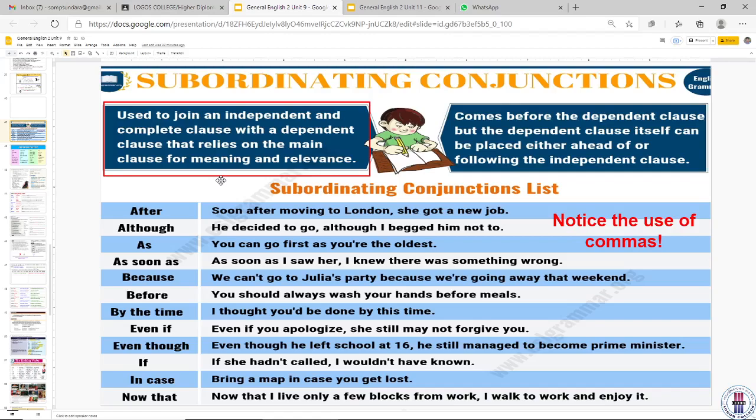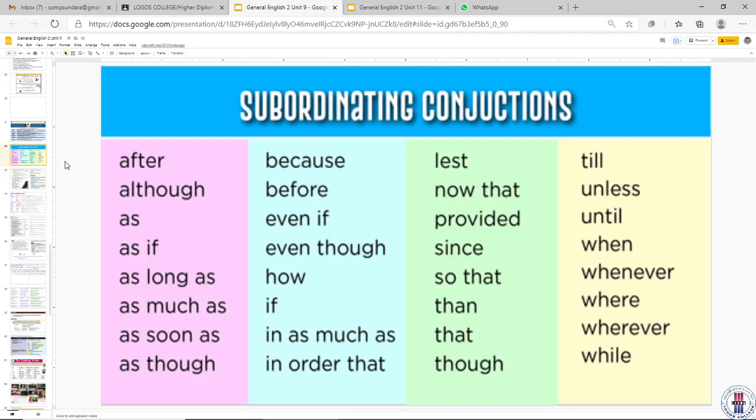Okay. And we learned subordinating conjunctions such as after, although, because, while, when, until, all right, before.